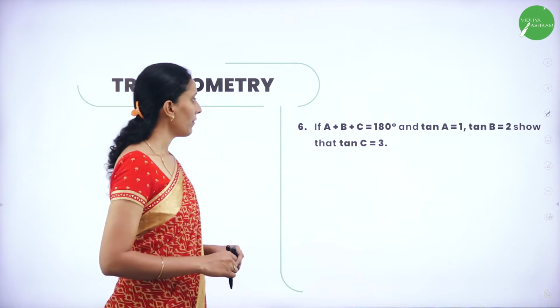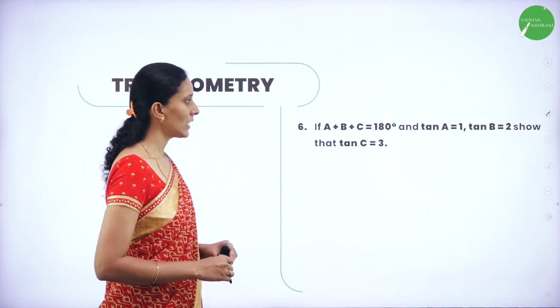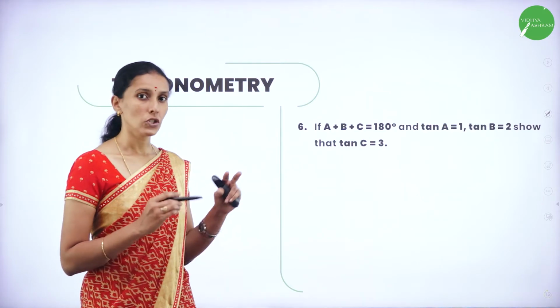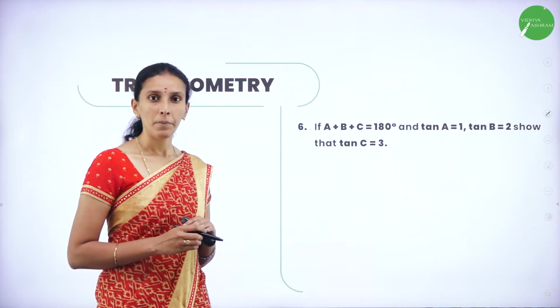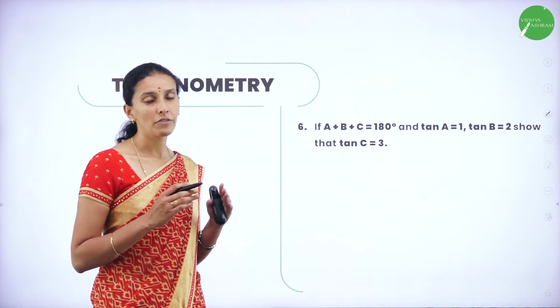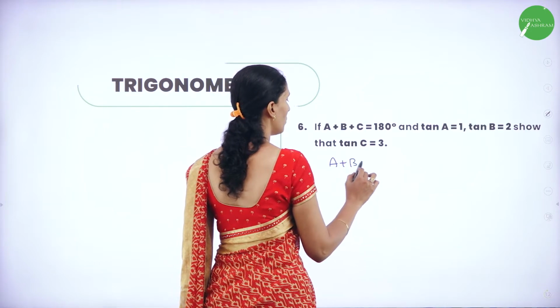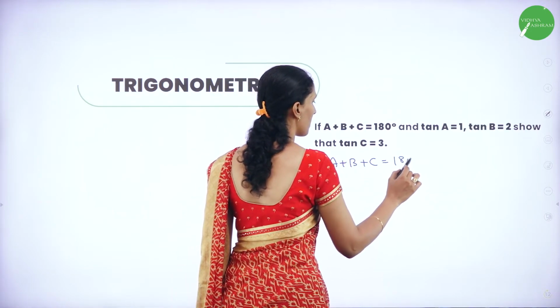Next question. If A plus B plus C is equal to 180 degree, tan A is 1, tan B is 2. Show that tan C is 3. So remember the important result whenever the angles of a triangle are given. So we have A plus B plus C is equal to 180 degree.